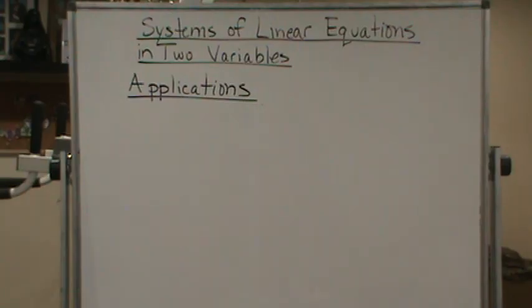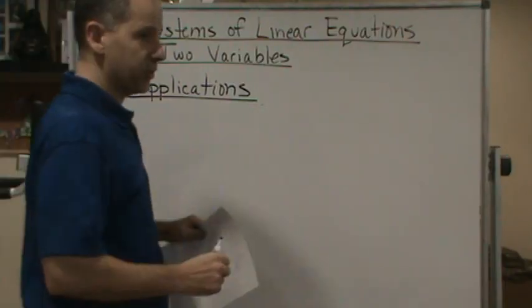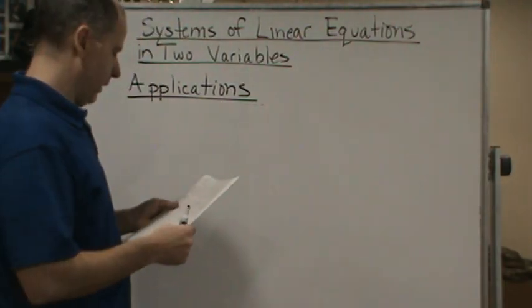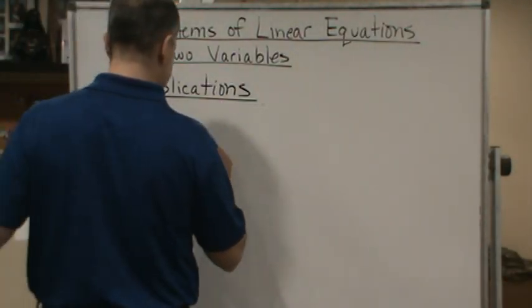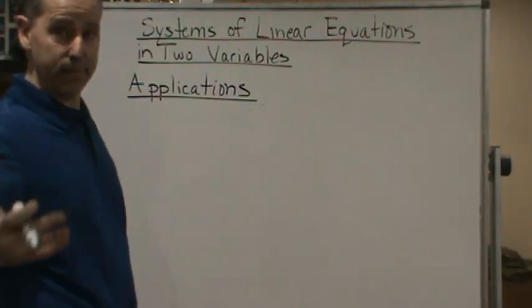All right, so now again this is going to be one of those tables that we want to set up, and we've got to make sure that we understand the setup of the problem here. So the way you would set this up is using distance equals rate times time.